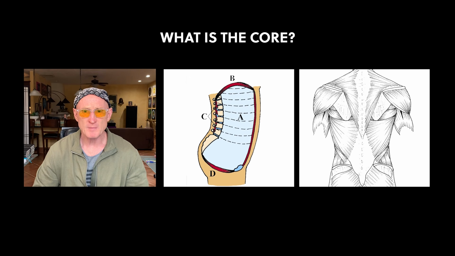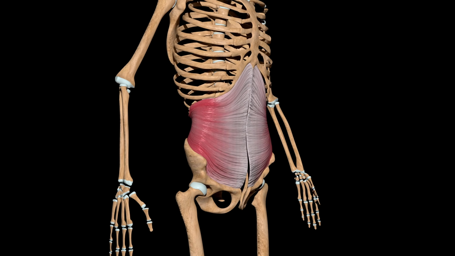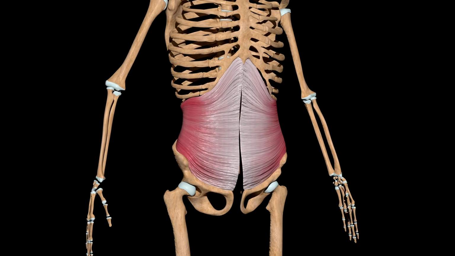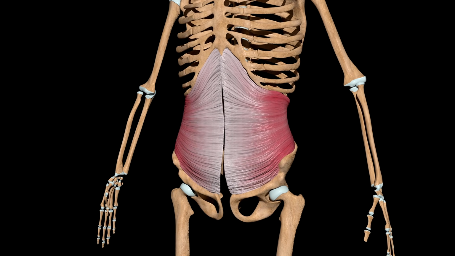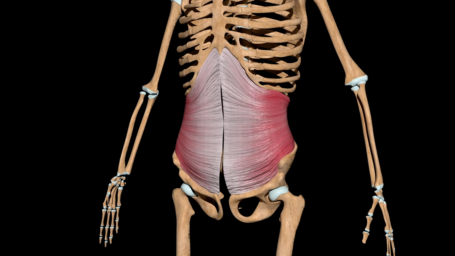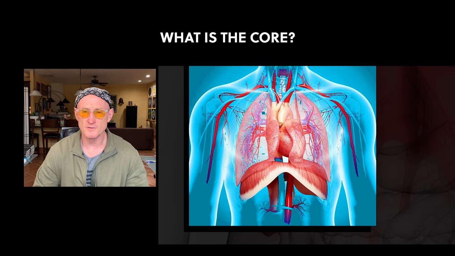So when you look at my diagram, the dotted lines represent the muscle called the transverse abdominis, and that muscle has its name because its fibers run in the transverse plane, or they simply wrap around your body like a corset. When you draw your belly button in, you are using your transverse abdominis muscles to do that. Then you have B, that's the diaphragm, which is a key part of the core, very, very important aspect of the core.